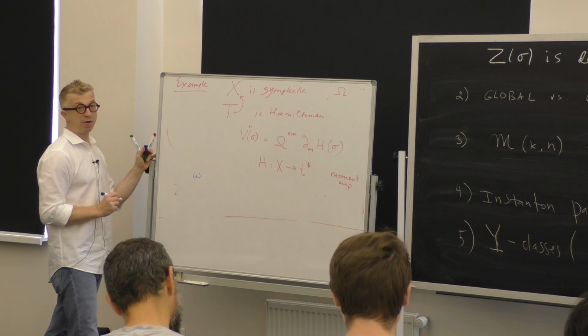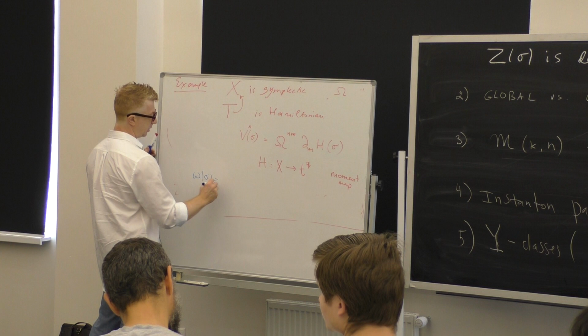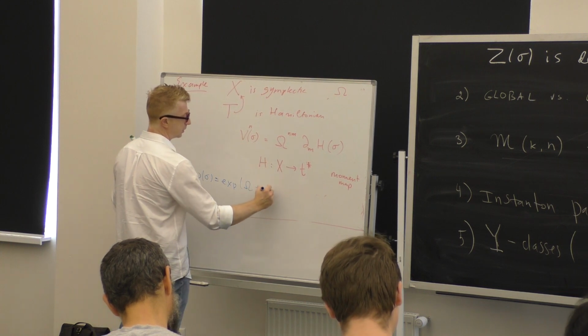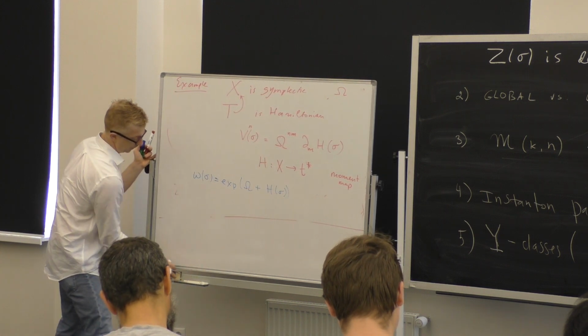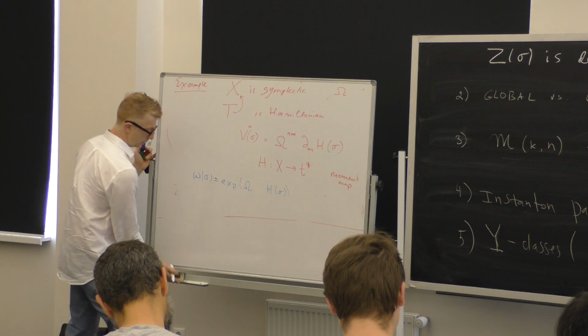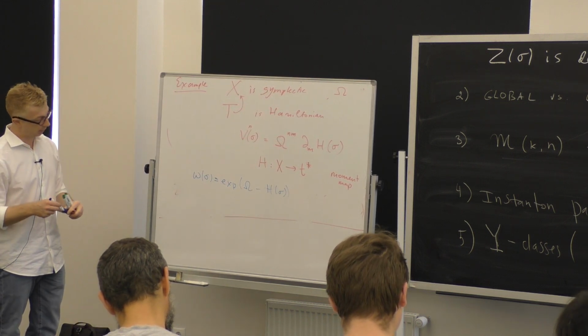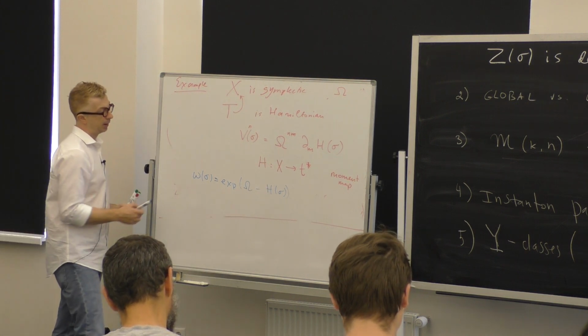So then the example of the equivariantly closed form, omega of sigma, is the exponential of capital omega minus h of sigma. That's essentially the definition of a moment map.